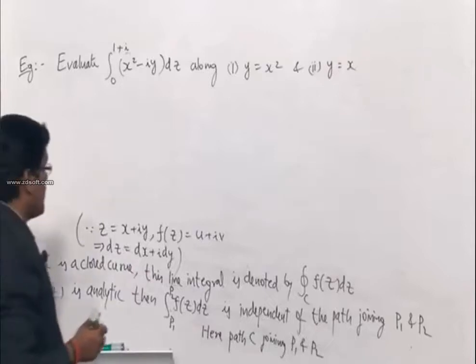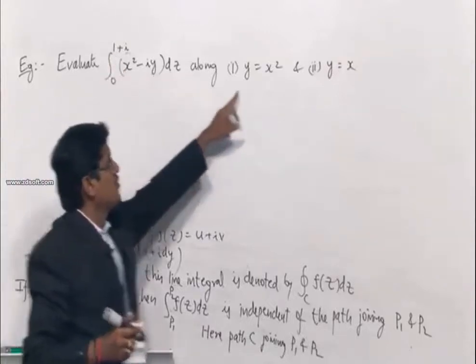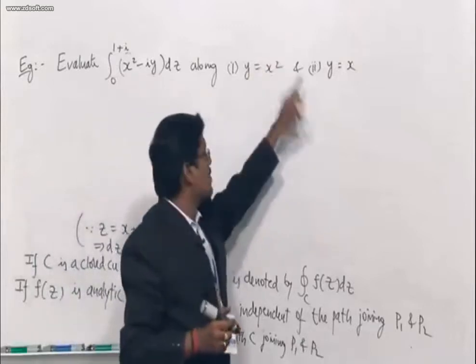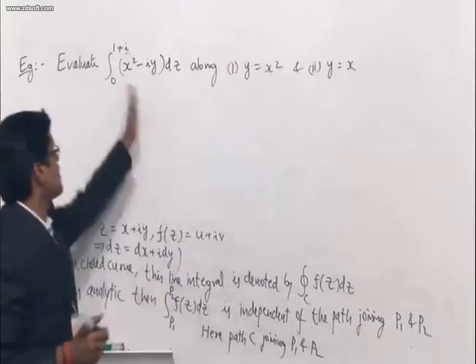Here the 2 points P1 0,0 and 1,1. This is your f of z. One is a parabola, an upward parabola path, and the other is a straight line. Both start from the origin, because 0,0.